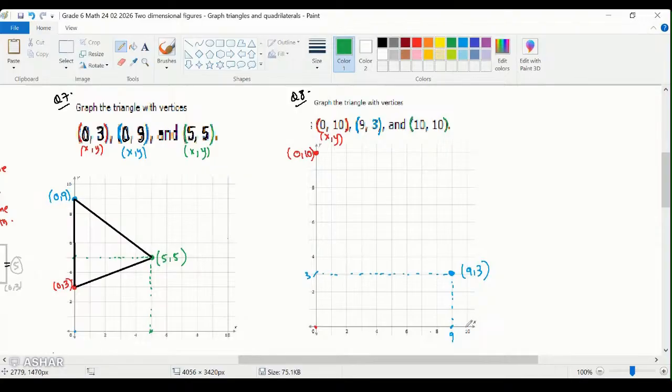That means 10 on the x and 10 on the y. So let's try to join these points together, and this shape of the triangle should be formed. Do we agree?